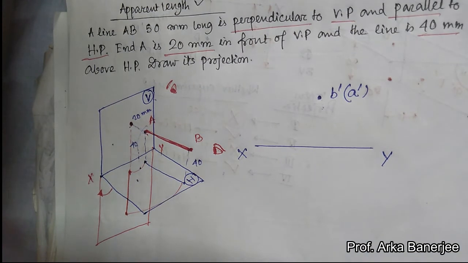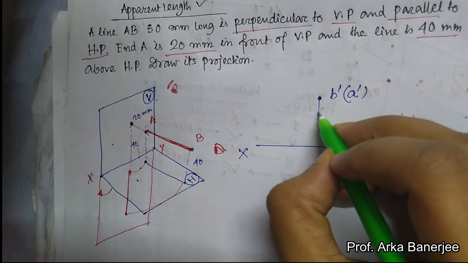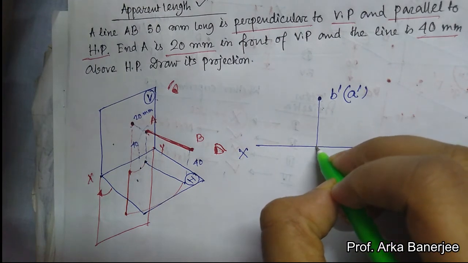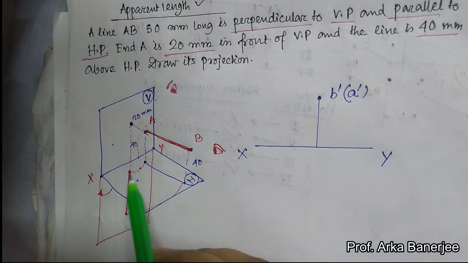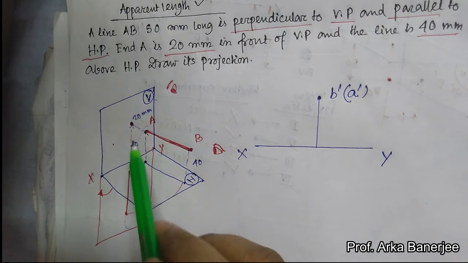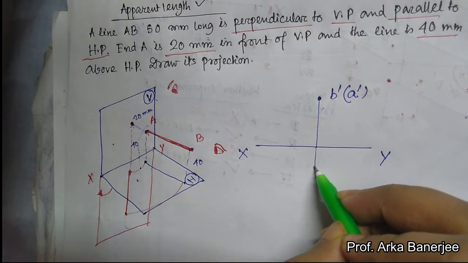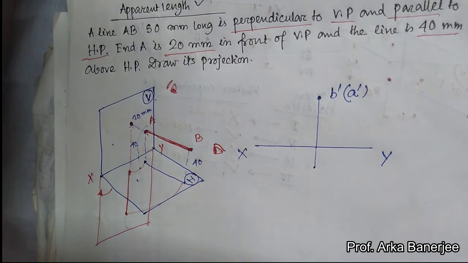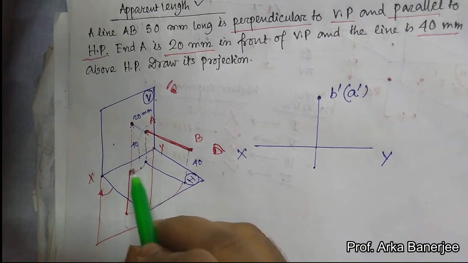Then we will take our 2H pencil to draw the projection line. With this 2H pencil we will draw the projection line up to how much? Up to 20 millimeter, because this gap is 20 millimeter. Then we will draw this particular point.